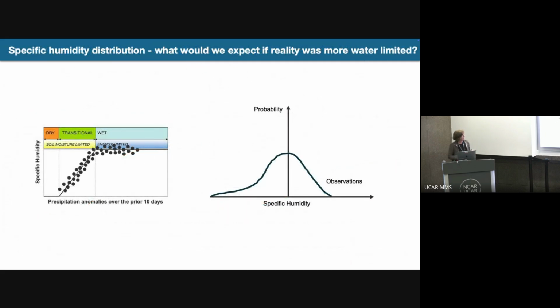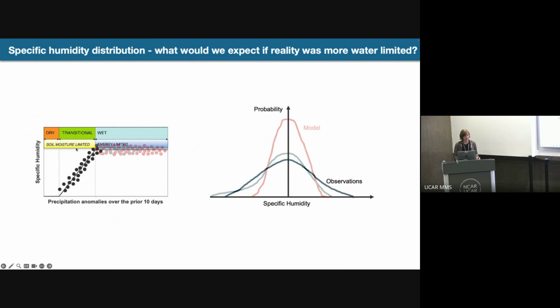Another way you could get at this is by looking at the daily distribution of humidity. For example, if the real world was sitting like this, you might expect a big dry tail of humidity as it falls off this cliff here. And if the model was more in the energy limited regime, maybe you'd have a narrower distribution.